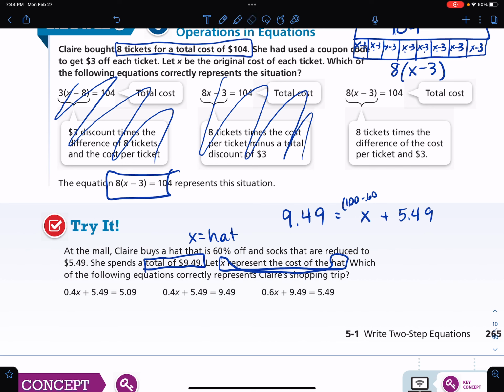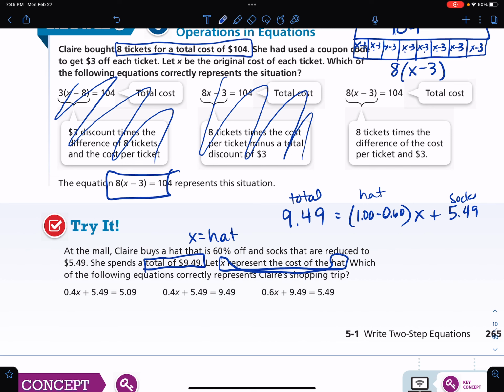Let me see if I can rewrite that bigger. Hold on. That's terrible. So sorry. So there's the price of the hat plus the socks, $5.49. Socks, hat, total. But my hat was 100%, which was represented as 1.00, less 0.60x.